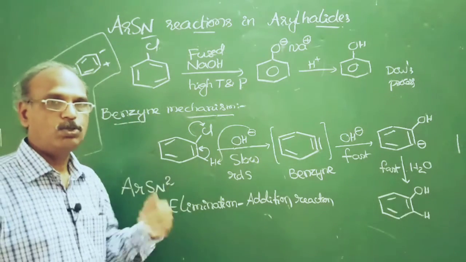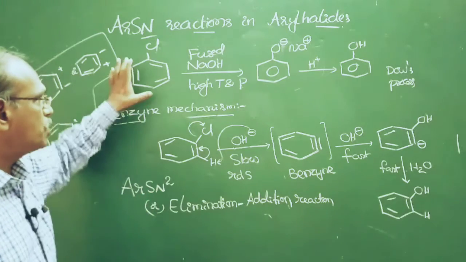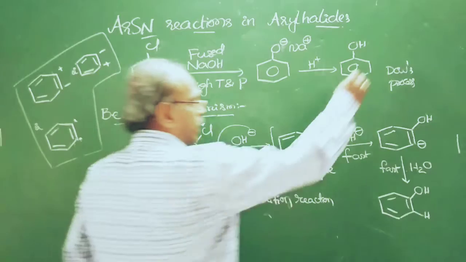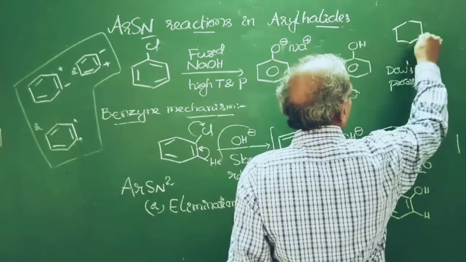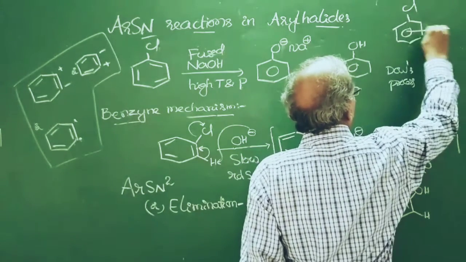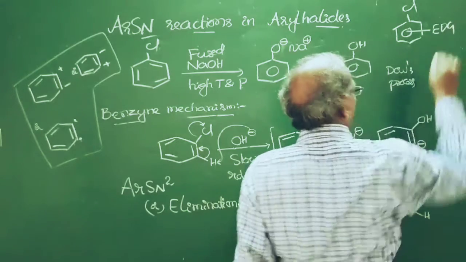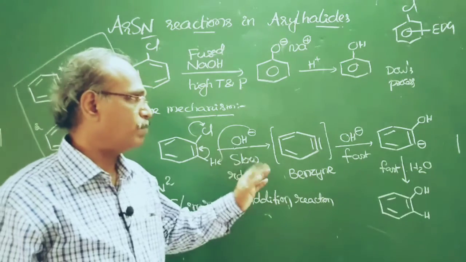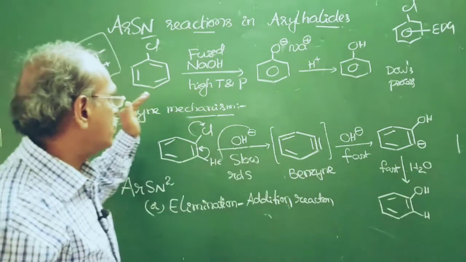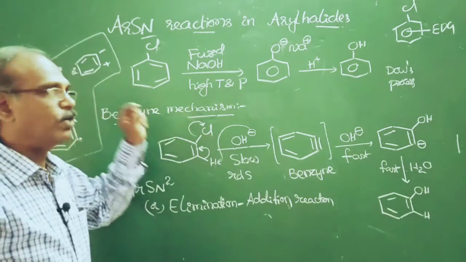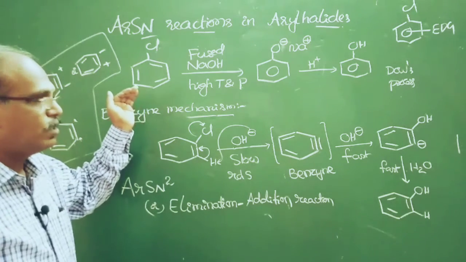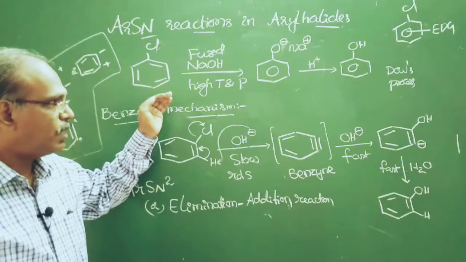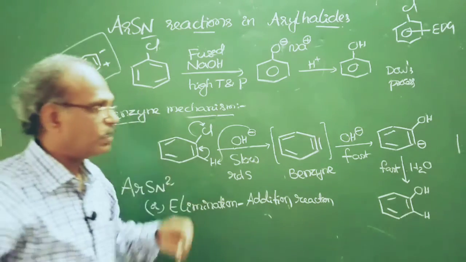That is the question. How to identify? Simple aryl halides, or aryl halides having an electron donating group, follow the benzyne mechanism. If it has an electron withdrawing group, then it follows the carbanion mechanism, through the formation of a carbanion as an intermediate. We will see that later.